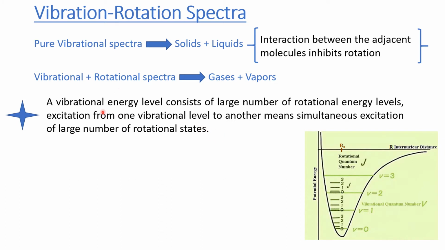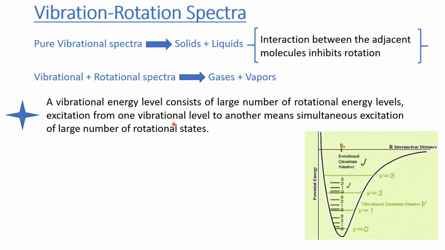We know that a vibrational energy level consists of a large number of rotational energy levels. You see here, this is the ground vibrational state, and it consists of multiple rotational energy states. Similarly, this one is the next excited vibrational energy state, and it also consists of multiple rotational energy states.